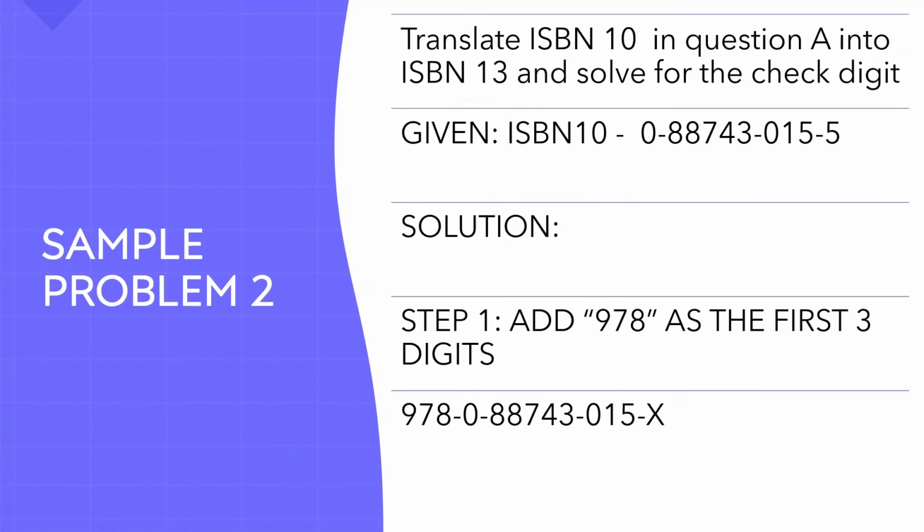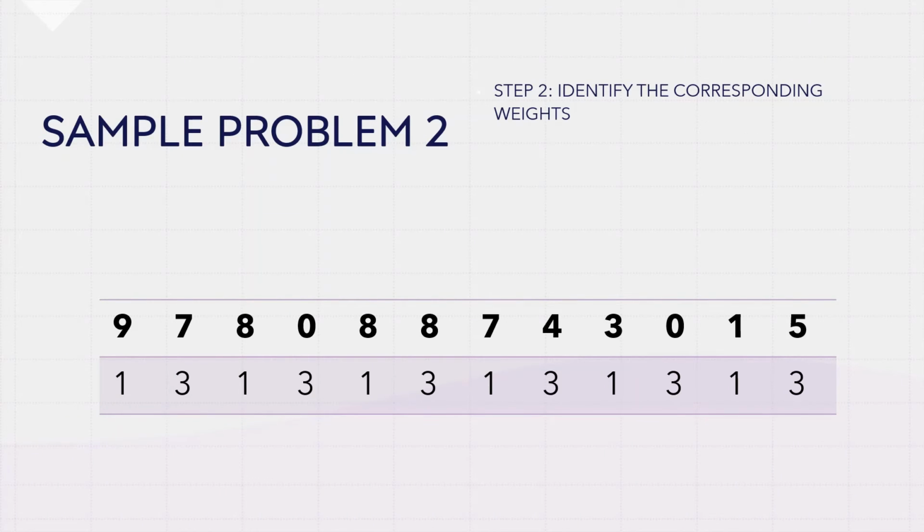So in question 2, translate ISBN 10 in question 1 into ISBN 13 and solve for the check digit. So in step 1, 978 will be added as the first 3 digits. So that would give us 97808874315 and X. So in step 2, we identify the corresponding weights.